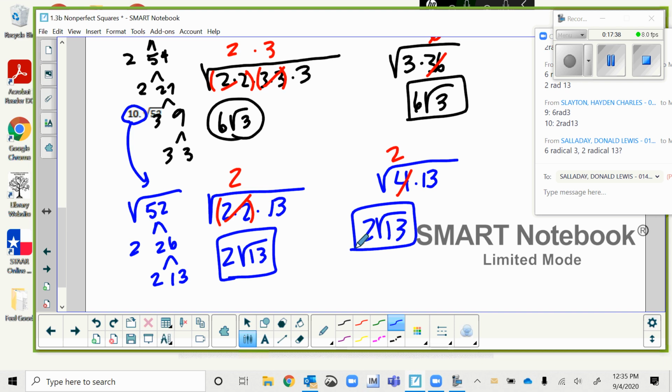So there's my work, both methods, in case you needed to compare yours. Does anybody need help on those problems?